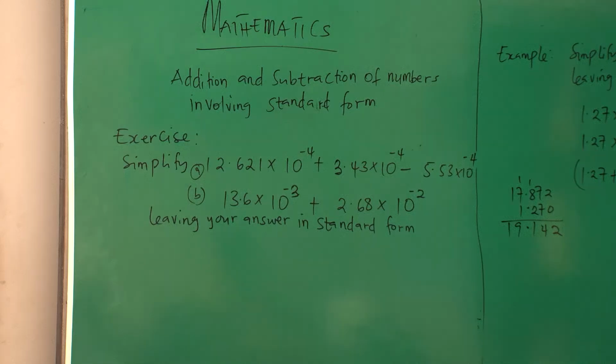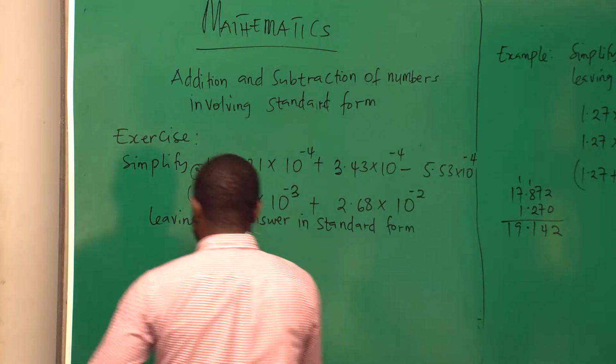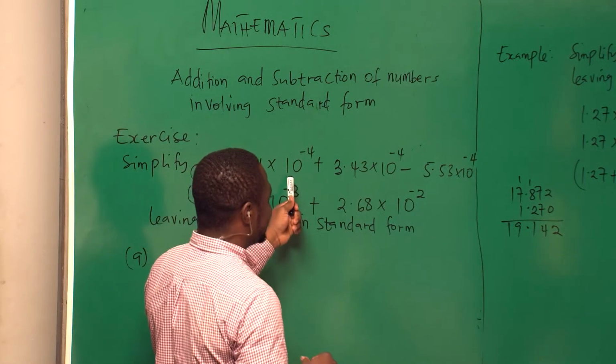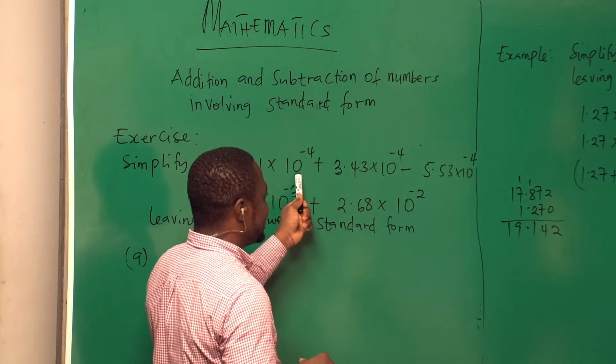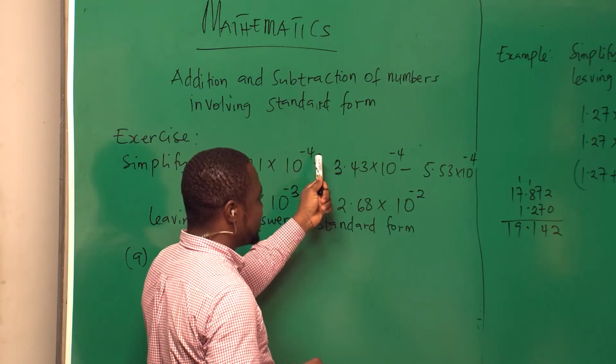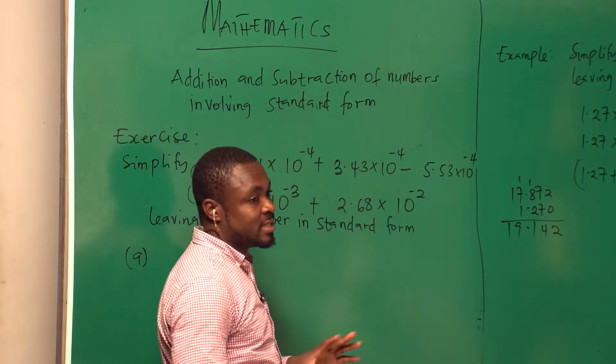Okay, so let's do them together with the viewers. Viewers, let's solve the questions together. For A, you would have to look at the aspect carrying the exponents. That is the 10 exponent negative 4, 10 exponent negative 4, 10 exponent negative 4. You see that they are the same.